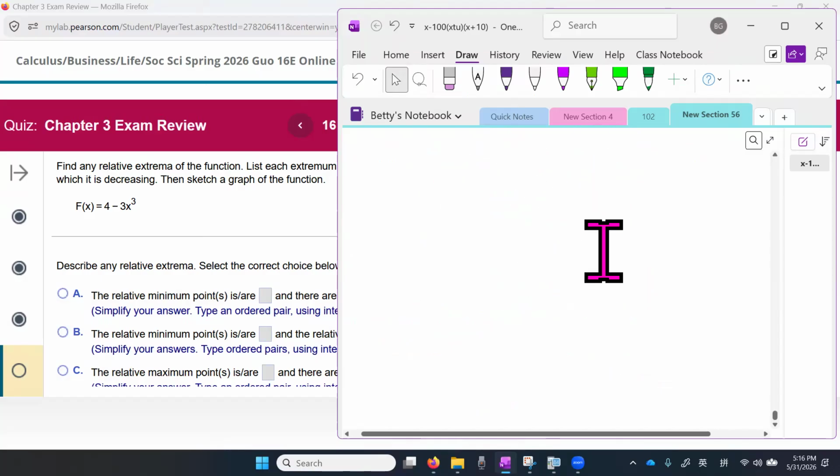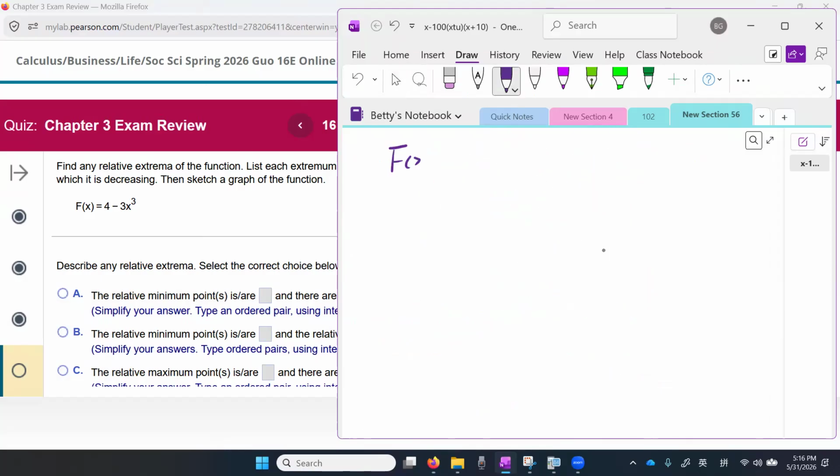It only involves the first derivative. f of x equals 4 minus 3x cubed. The first derivative is negative 9x squared. When we set the first derivative to 0, we have x equals 0, right?